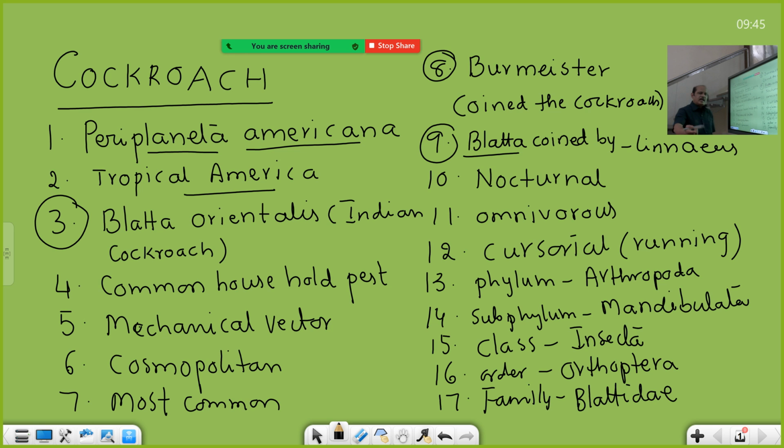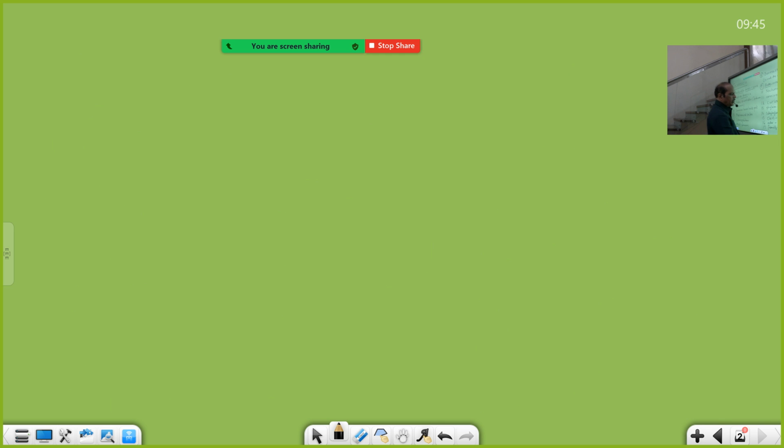Felidae, cat family; Canidae, dog family, because Canis is the genus name of dog and Felis is the genus name of cat. Like that, if you suffix -idae to the genus Blatta, it will become the family. All cockroaches belong to the family Blattidae. This is the systematic position and taxonomical position of the cockroach, Periplaneta americana.